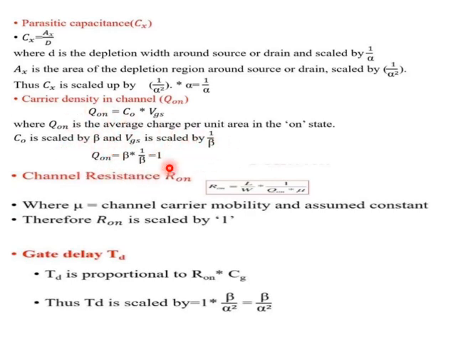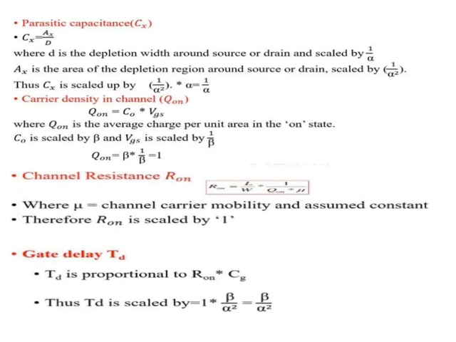So QON remains the same. Another parameter, channel resistance, on resistance, is usually defined as L by W multiplied by 1 by Q1 mu, where mu is the channel carrier mobility, assumed to be constant. So RON is scaled by 1.